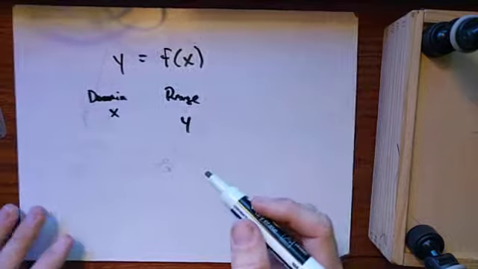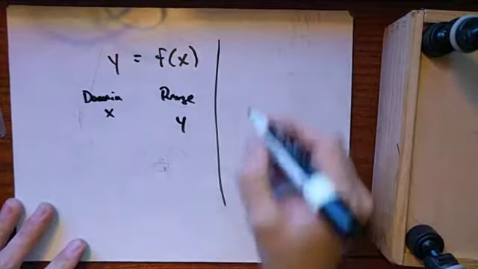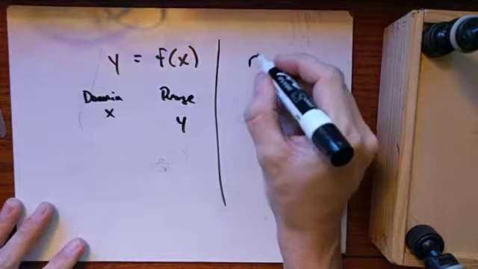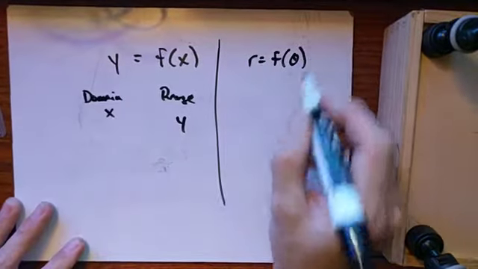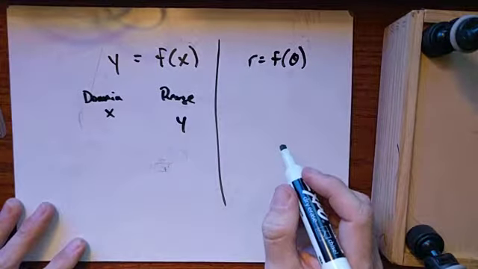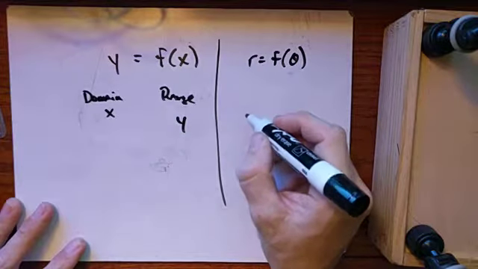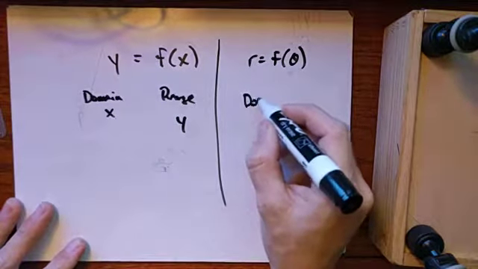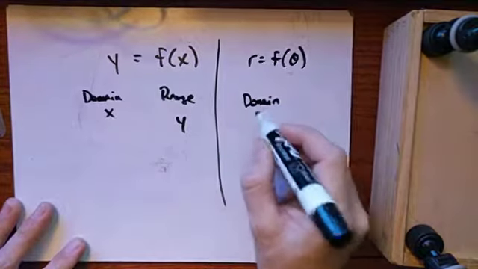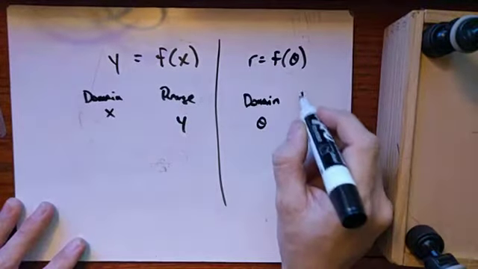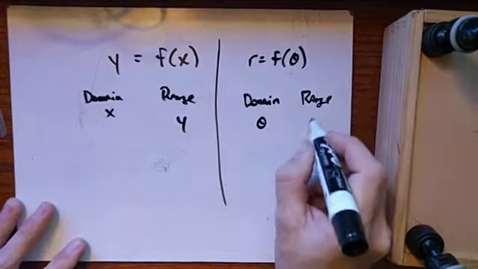Okay, a similar kind of thing happens in polar coordinates, where r is a function of theta. So you can put different thetas in for your domain. Sorry about my chicken scratch here. And your range value is r, right?